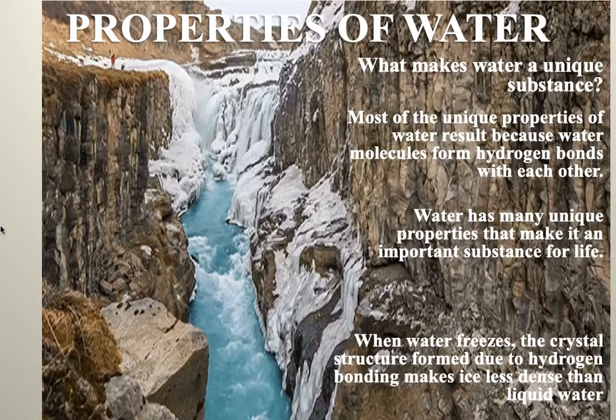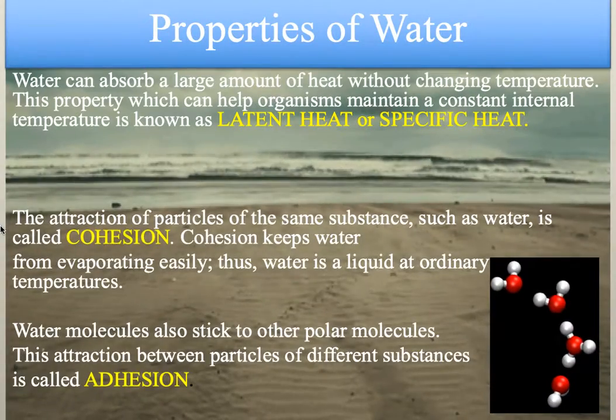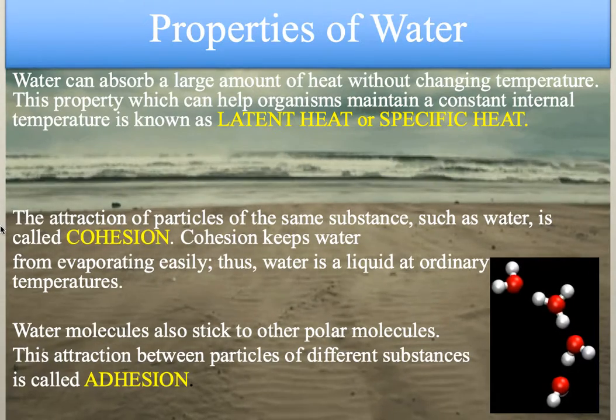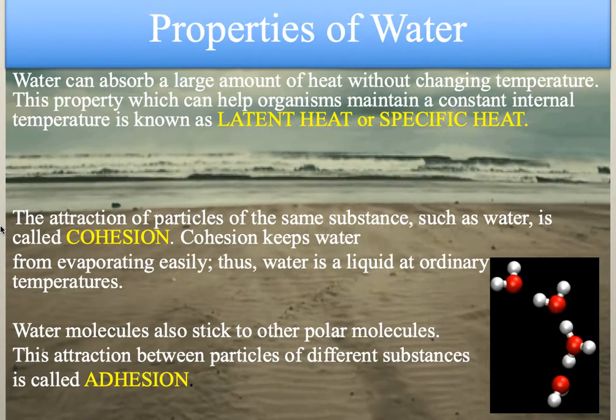One of the things that the hydrogen bonding does is that when water freezes, the hydrogen bonds kind of push out and it pushes the water molecules away from one another. That makes ice, which is solid water, less dense than water, and that's why ice floats on water. The other thing that this hydrogen bonding allows is it allows water to stay attracted to itself.